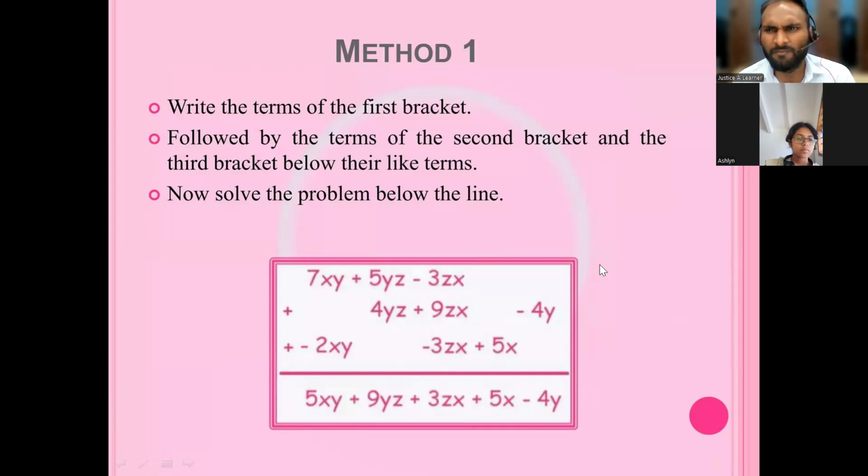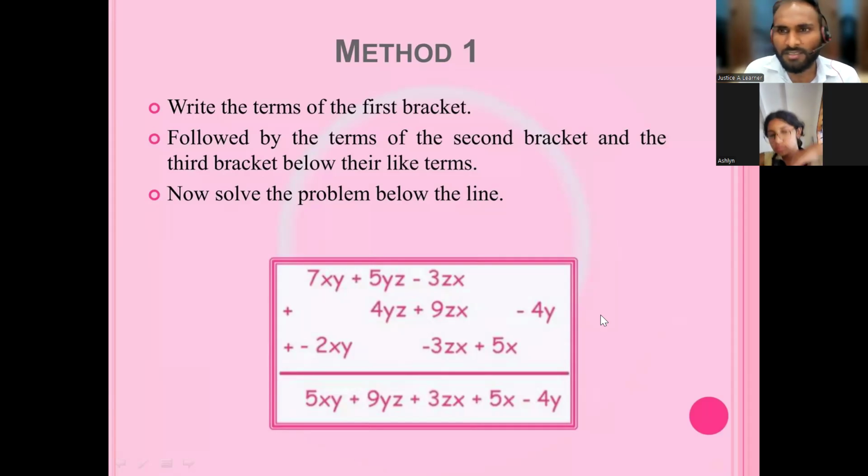So we may also go through that, but we usually do it in general terms, based on our logical understanding. So write the terms of the first bracket in this way, and then followed by this. You can take a screenshot because that is related to basic understanding, but because you're able to solve it, there is no need to tell about methods.